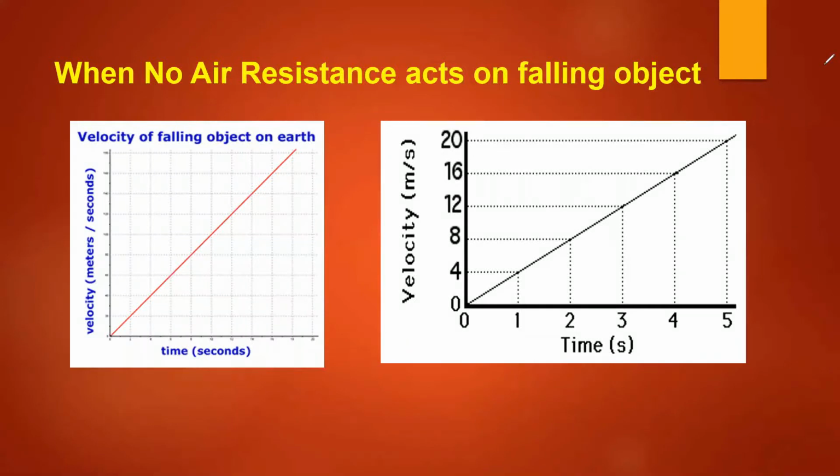So if no air resistance acts on a falling object, how will the graph look? I mean, the graph between velocity and time. Here I wrote for Earth. So for Earth, this graph is a straight line with a constant gradient. So the value of g is going to be the same.